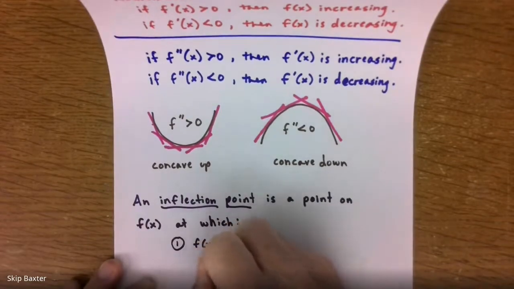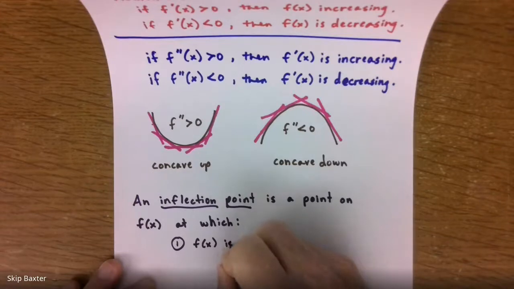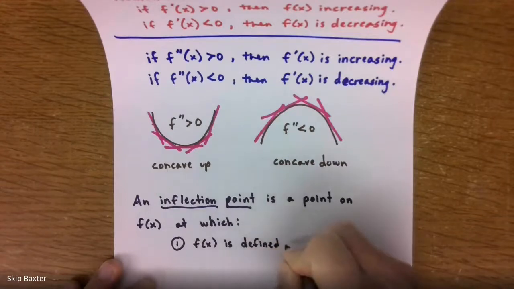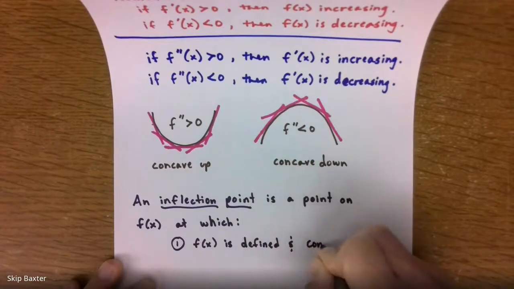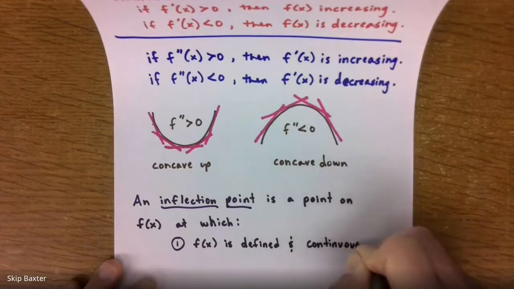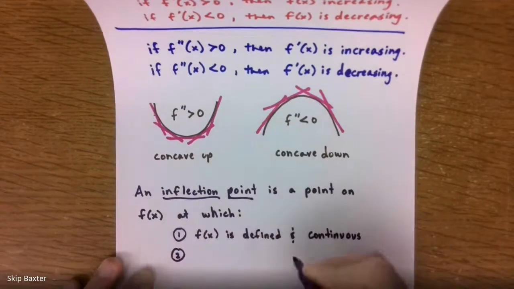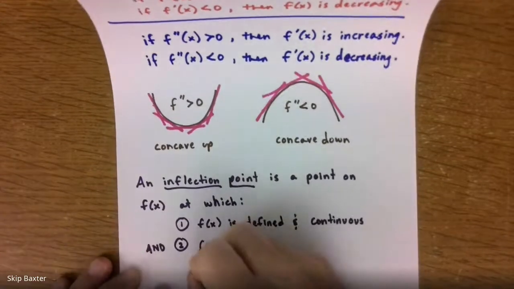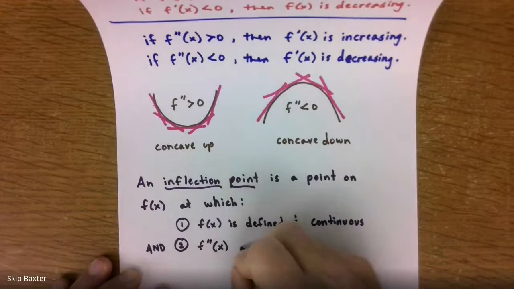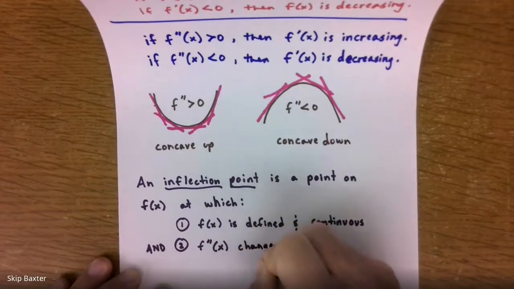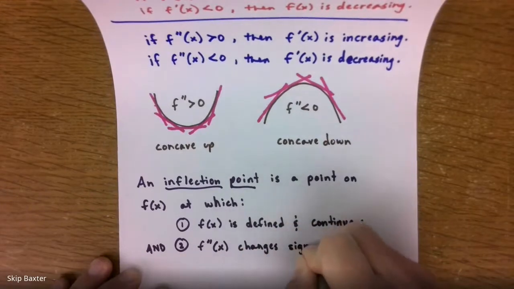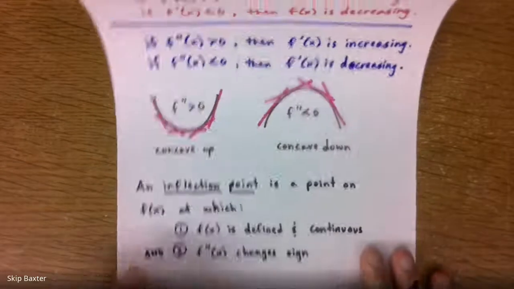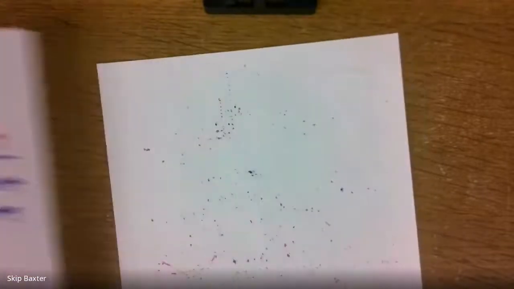F of x is defined and continuous, and secondly, f double prime changes sign. It either changes from positive to negative or from negative to positive, from concave up to concave down, or from concave down to concave up.